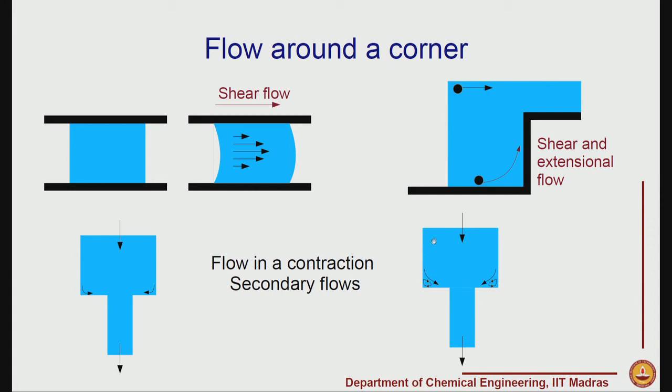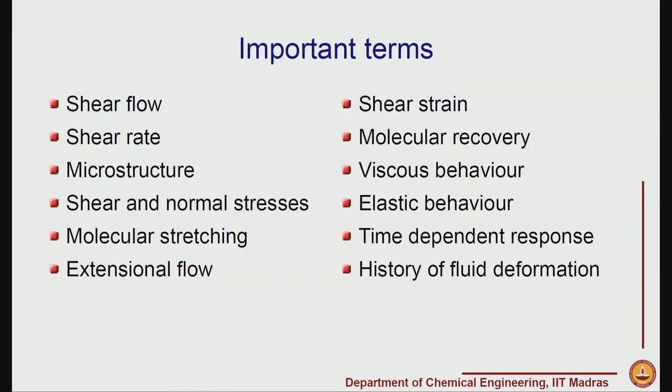What happens is that polymeric molecules, which are all randomly oriented here, start becoming stretched because of this contraction, and because of the flow around the corner they again get stretched because of extensional components. Therefore, their response is very different compared to what you would expect for a Newtonian fluid. So, the important terms that we have looked at are, in addition to shear flow related things, the extensional flow, and we also tried to characterize the viscous and elastic responses.